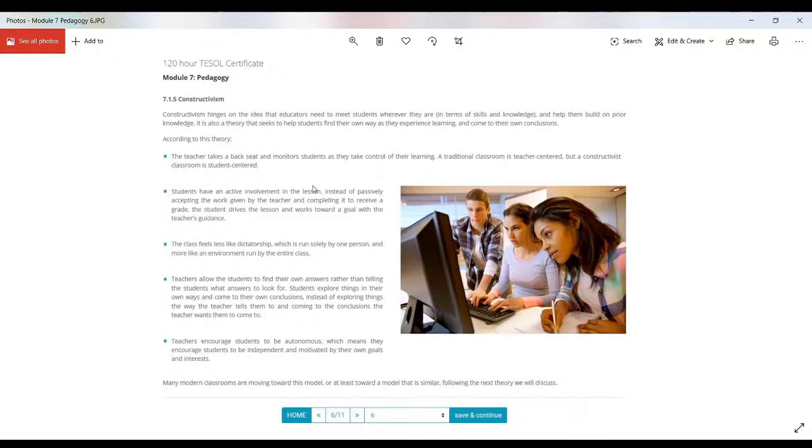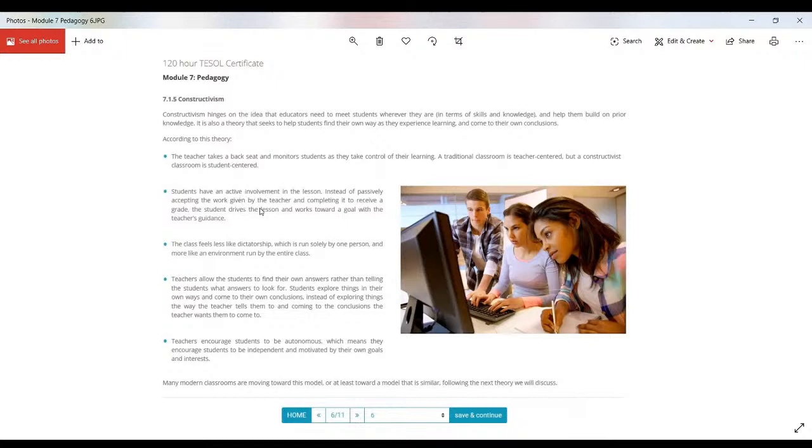According to this theory, the teacher takes a back seat and monitors students as they take control of their learning. A traditional classroom is teacher-centered, but a constructivist classroom is student-centered.